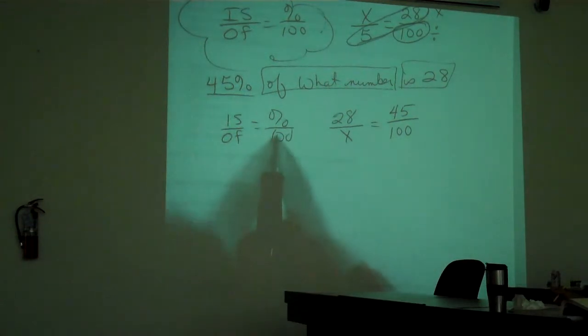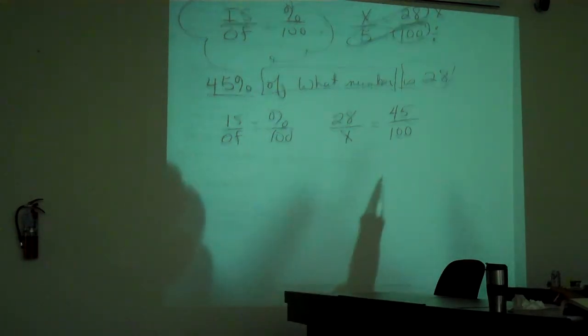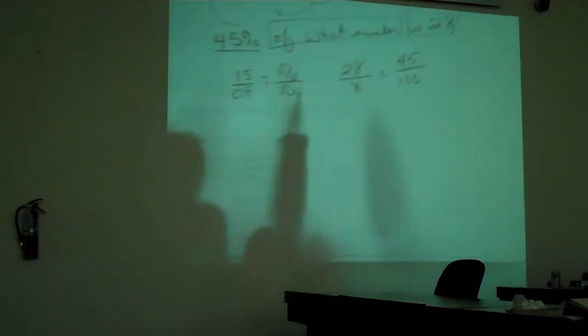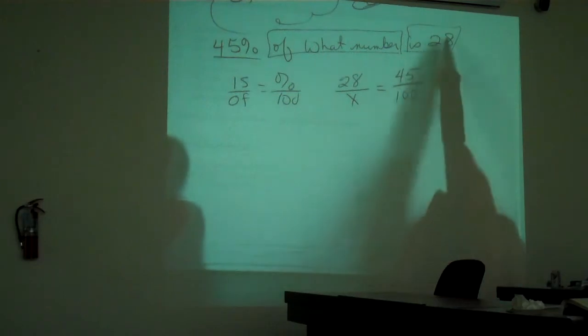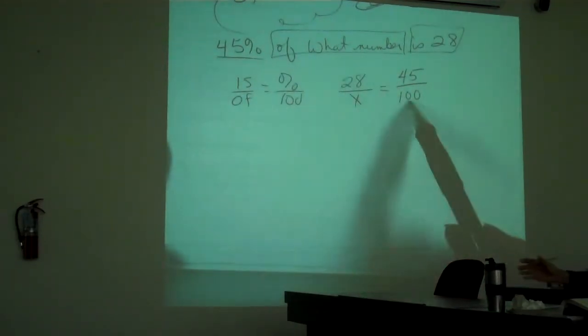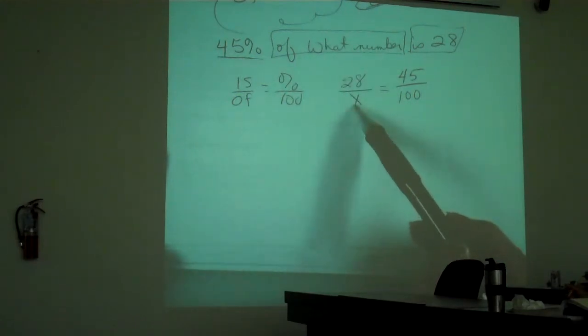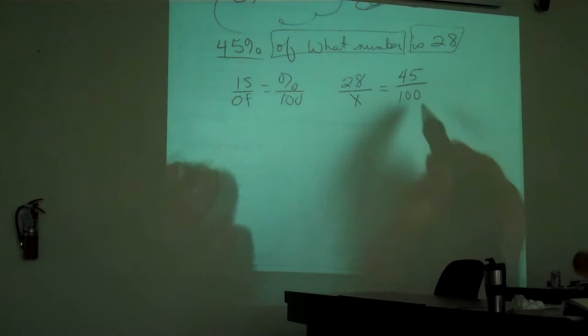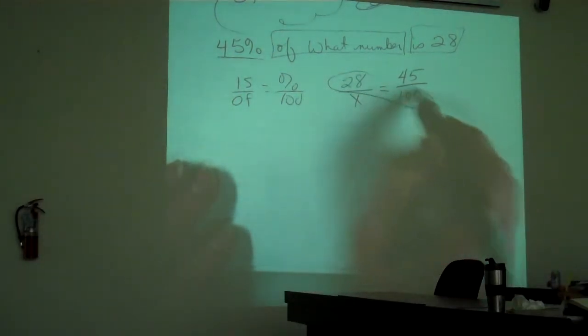See how you don't have to do any converting? Like this one, you turn it to a decimal or fraction. When you plug it in here, you don't have to convert the numbers. You just plug them straight in there. Put the 28 straight in there. The X is your of, it goes straight there. 45 goes straight there. 100's there. This one, you're going to multiply these two.